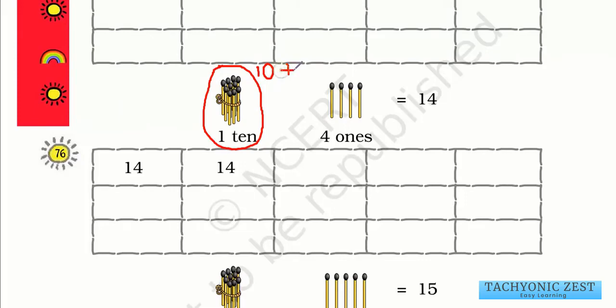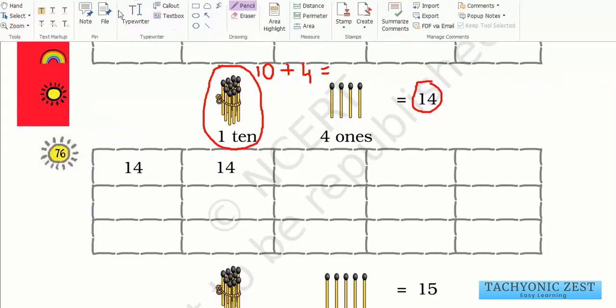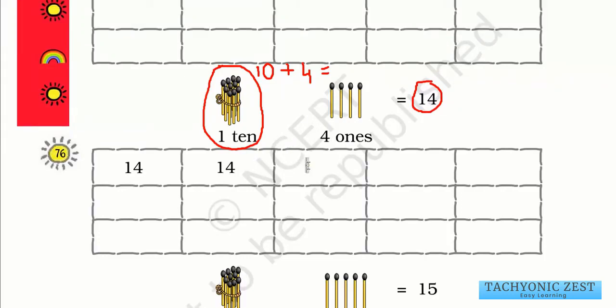Okay, now plus 4 ones. 4 ones means 1, 2, 3, 4. So 4 ones means 4. So in total what do we get? 10 plus 4 is equal to 14. Okay, so the answer here is 14. So in every box we have to write 14 here.